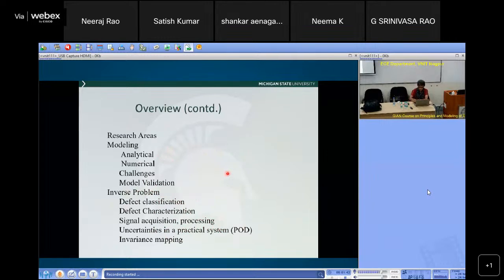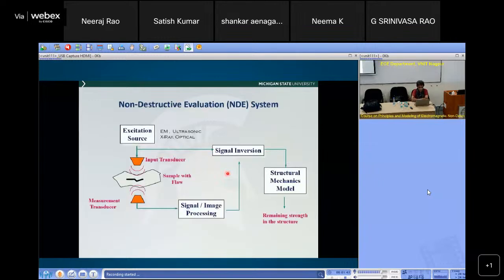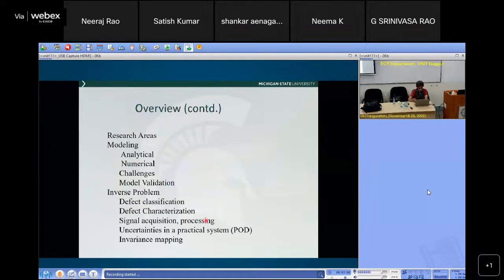So, let's look back at the generic NDE system from the morning. We have all these different components. And one of the things, the overall research in the overall NDE system is broken up into these areas.